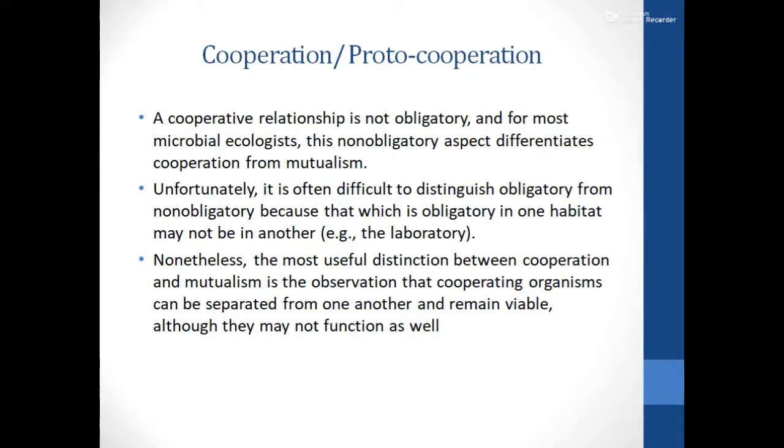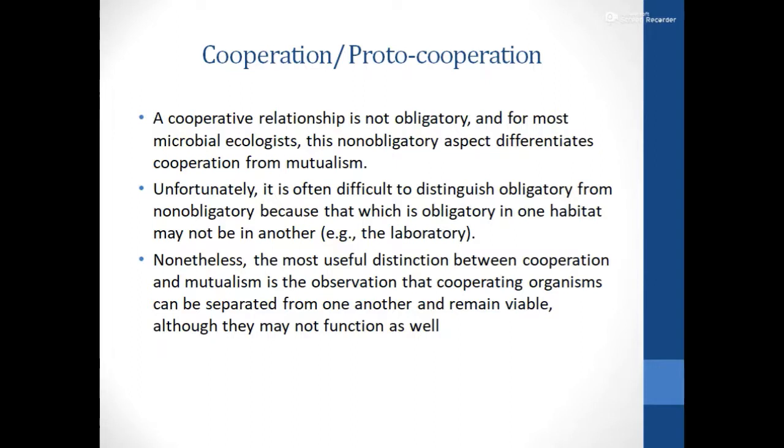Unfortunately, it is quite difficult to distinguish obligatory from non-obligatory, because what is obligatory in one habitat may not be the same in another. If you consider a natural environment and a laboratory, the demarcation of which is obligatory and which is non-obligatory will be a bit different.